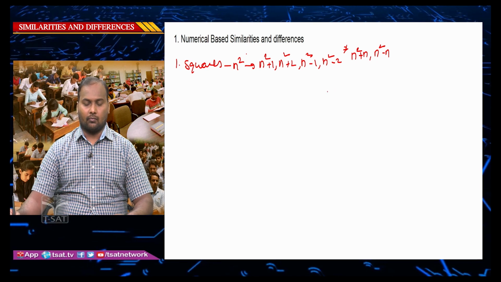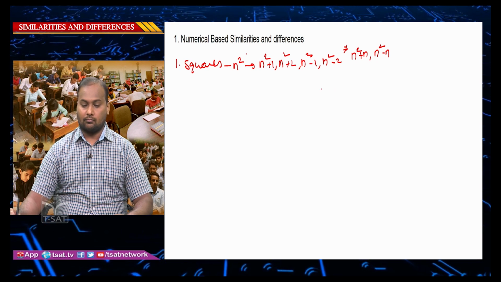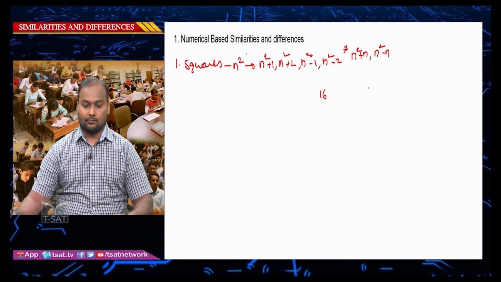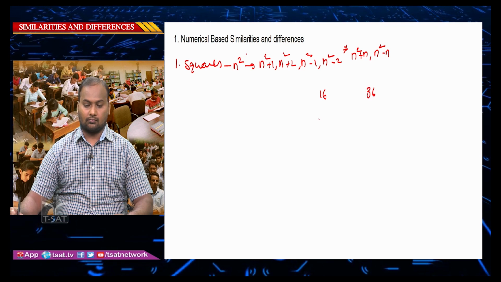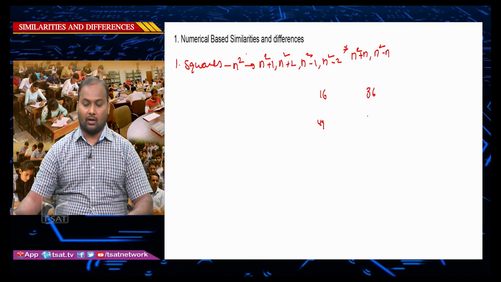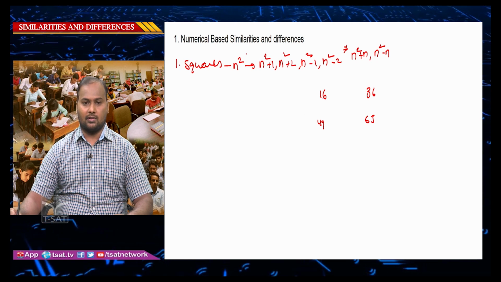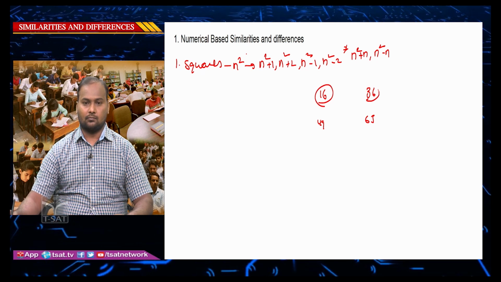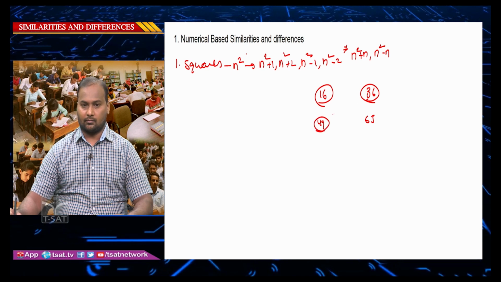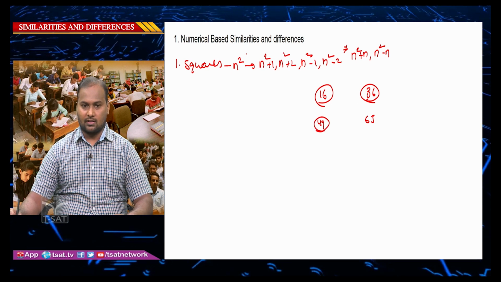Generally, for example, he will give four options: 16, 36, 49 and 63. What is the similar thing in this case? Take 16, 36 and 49. All these are squares, that is the similar thing.